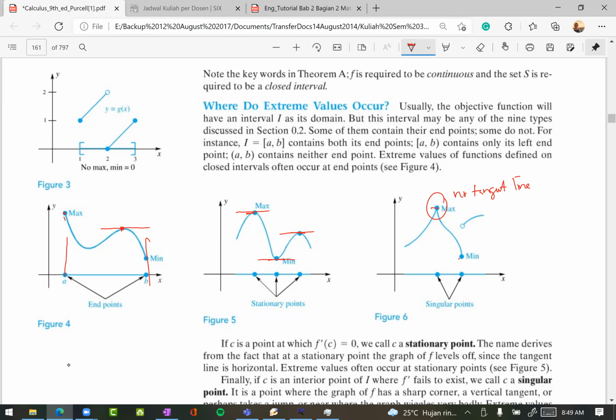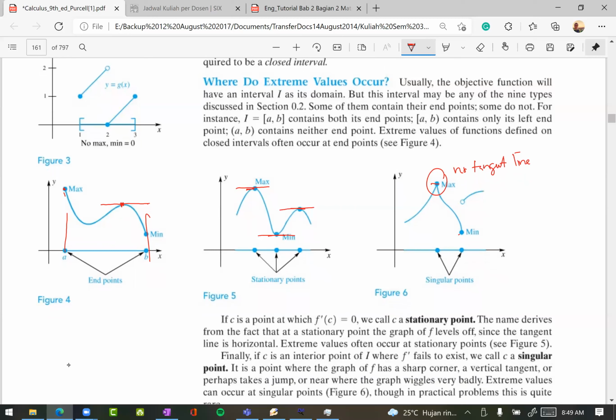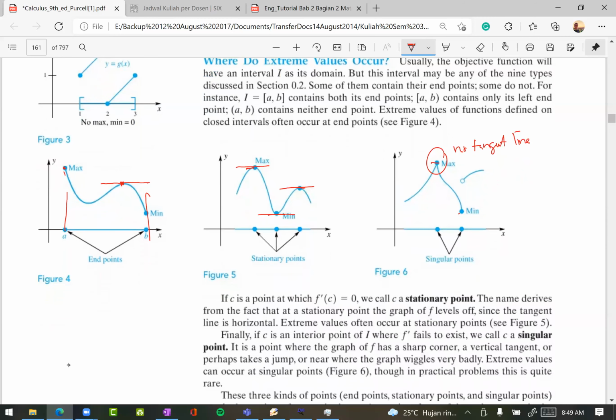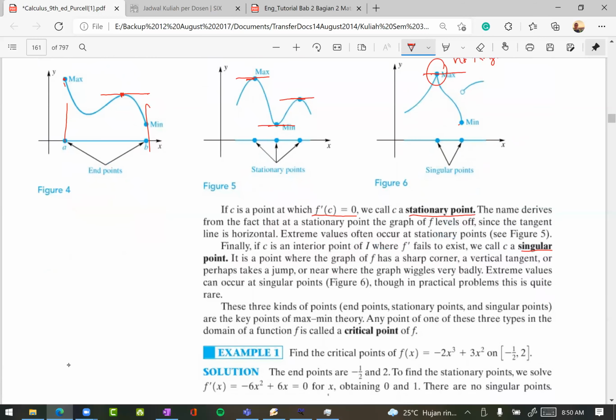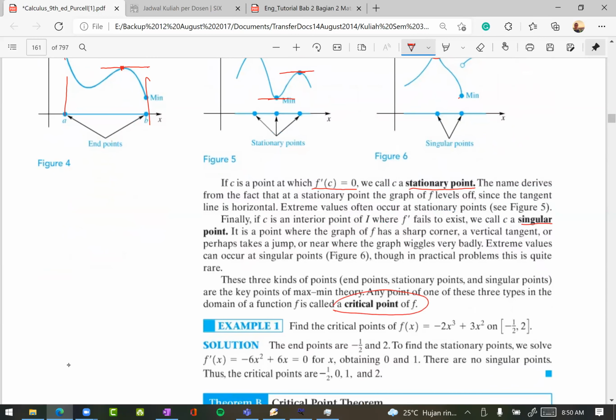Our special concern is when the derivative is zero, so the slope is zero, because a horizontal line has slope zero, or no slope, no tangent line. That means the function has no derivative there. So what we need is derivative equals zero, what we call a stationary point, and derivative doesn't exist, what we call a singular point. That is what we call a critical point.